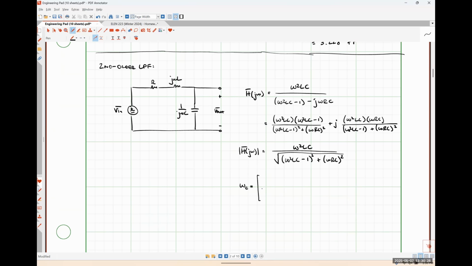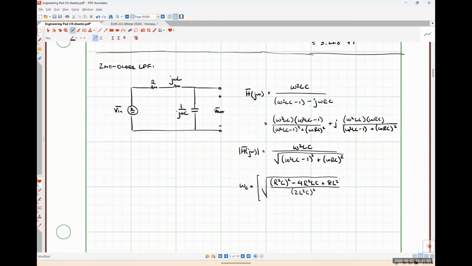So we're going to have the square root of R squared times C quantity squared minus 4 R squared LC plus 8 L squared all over 2 L squared C quantity squared.